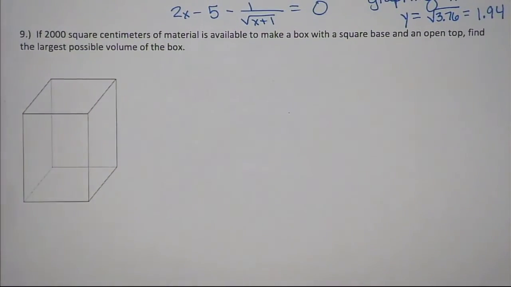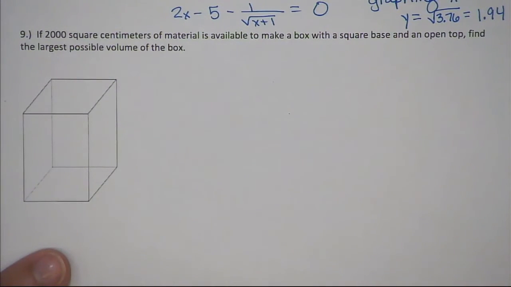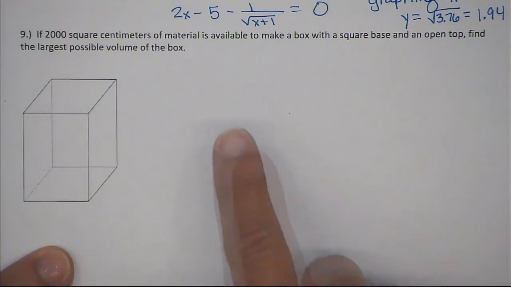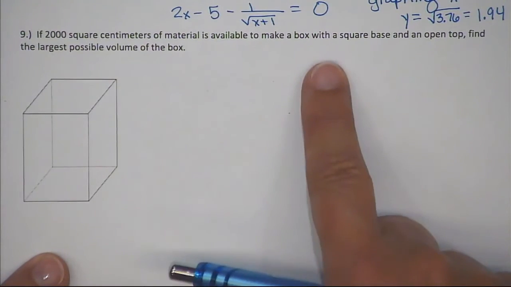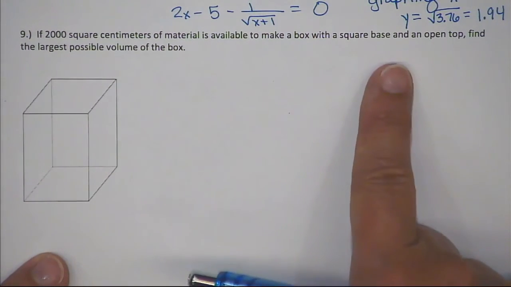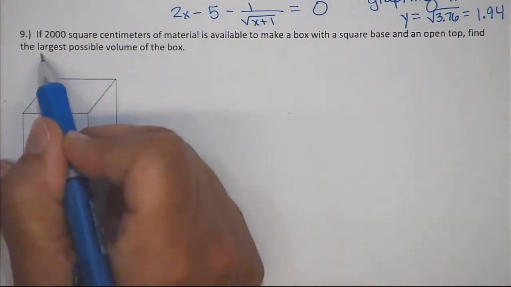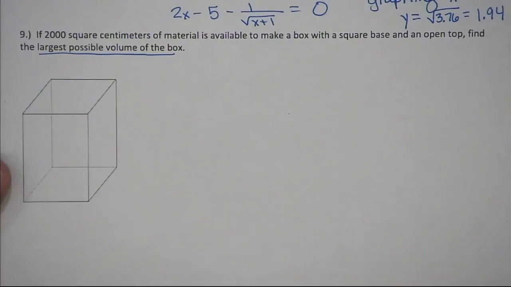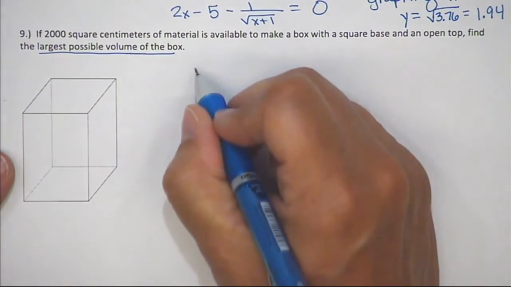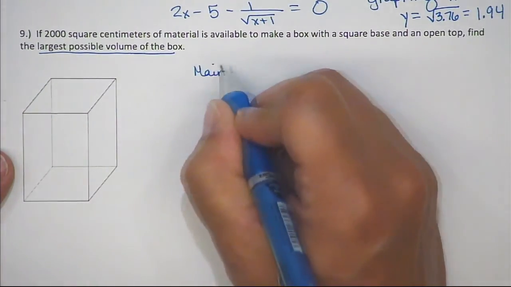All right, so let's look at number 9 real quick. We have 2,000 square centimeters of material, and we're going to make a box with a square base and an open top. So again, surface area. We want the largest possible volume. So that's our main equation, so your main equation is the volume.